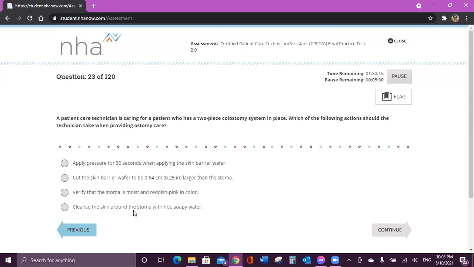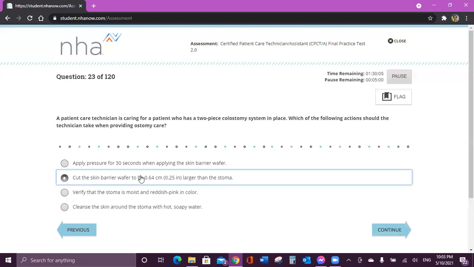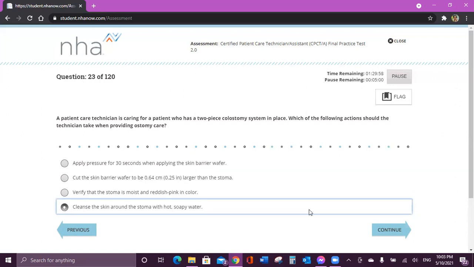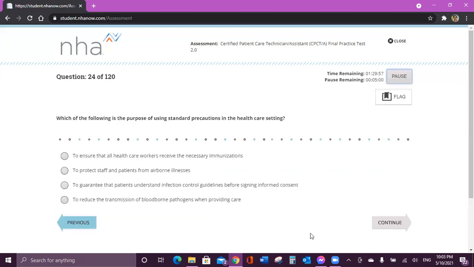Cleanse the skin around the stoma with mild soap and water. Entonces, según la clase, not that one. ¿Cuál es? Es la D. La D, ¿verdad? Yeah. Entonces lo que sigue es la C.